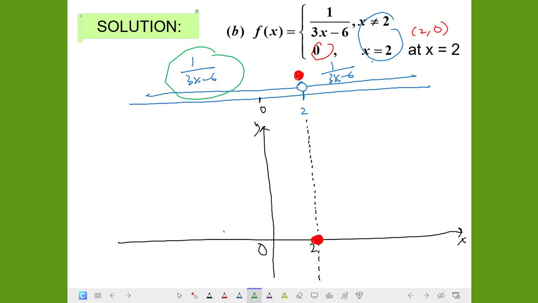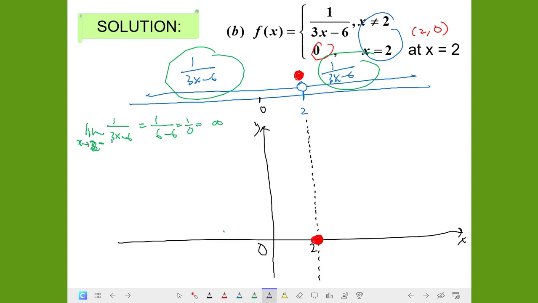Then how to sketch the graph? You can find the asymptote, or substitute. What happens to the limit of 1 over 3x minus 6 as x approaches 2 from the left? Substitute: 1 over 6 minus 6, 1 over 0, infinity.